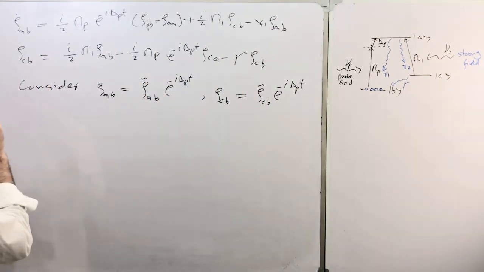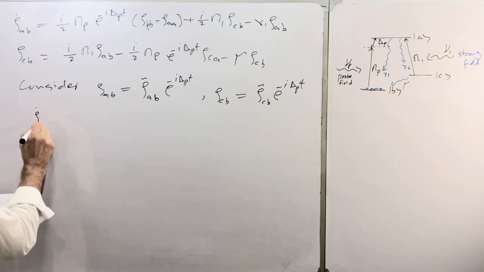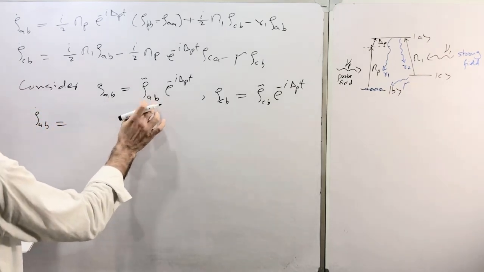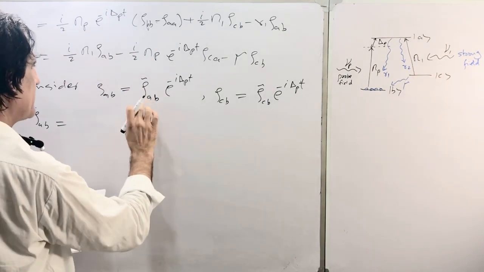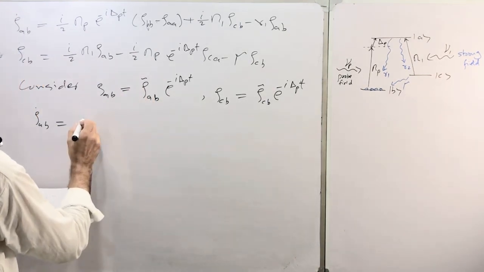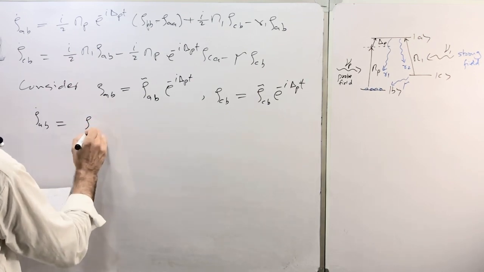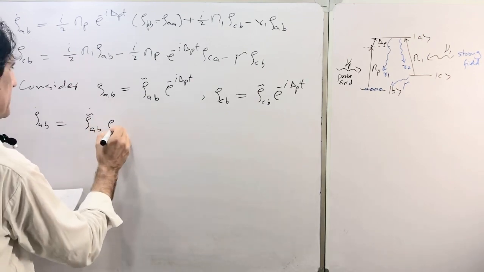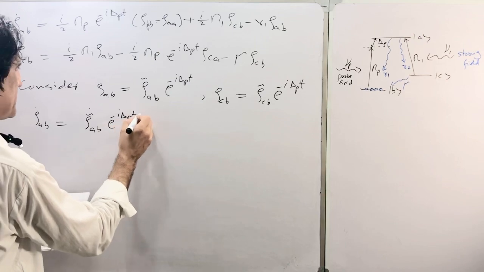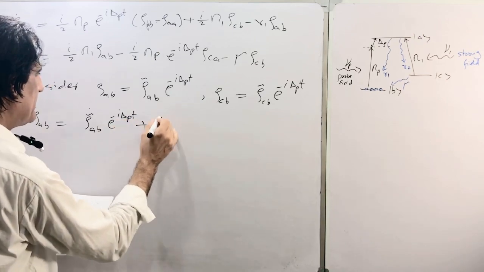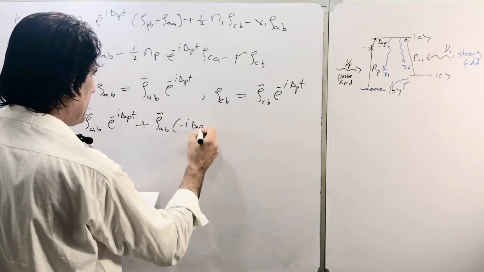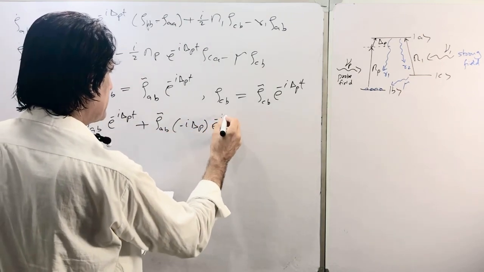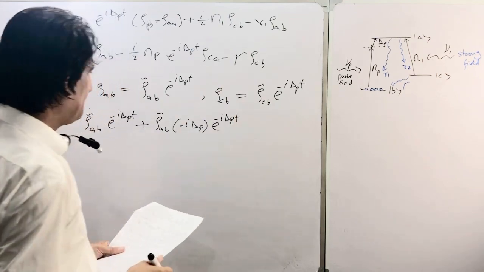Differentiate this equation, rho dot AB, with time. These two are in product, so use the product rule: rho AB dot e to the power minus iota delta pt plus rho AB and minus iota delta p and e to the power minus iota delta pt.